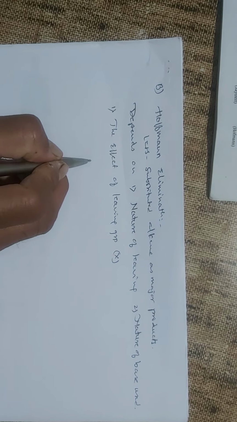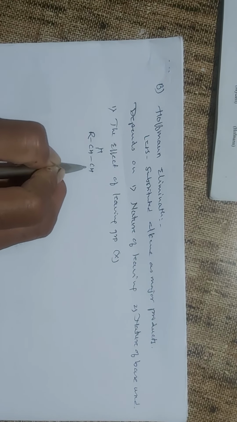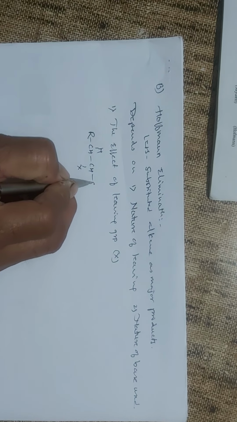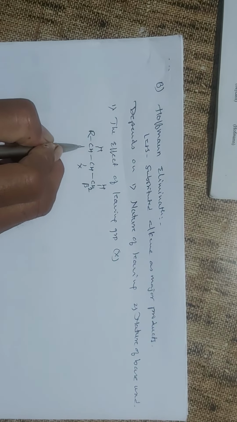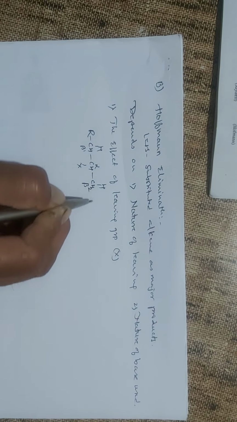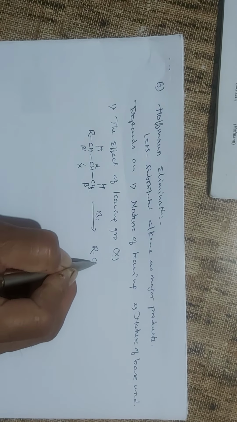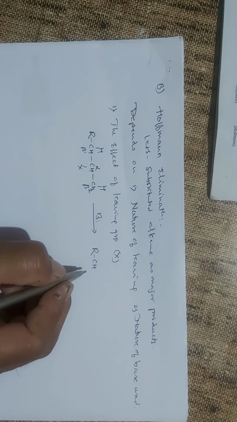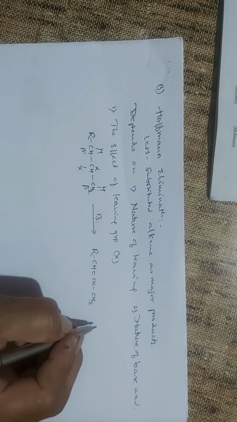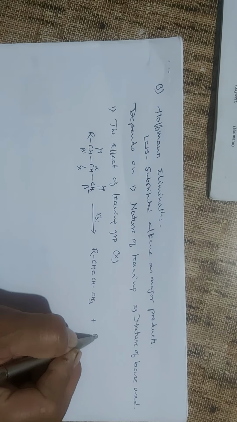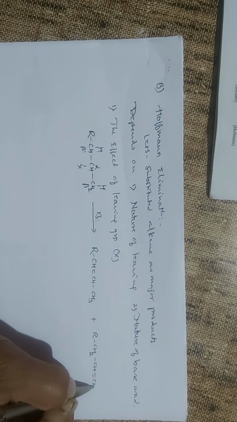So we can compare a simple reaction, RCH2 CH2 CH2 X, here this is beta, this is beta dash, alpha, and in presence of a base you will get two products, that is RCH double bond CH CH3, and then you will get RCH2 CH double bond CH2.